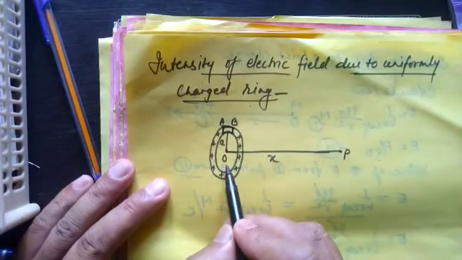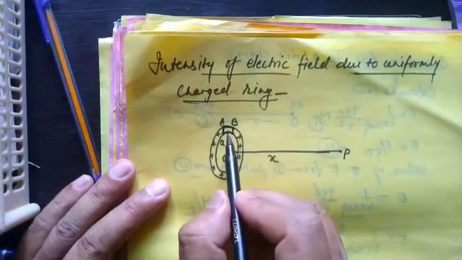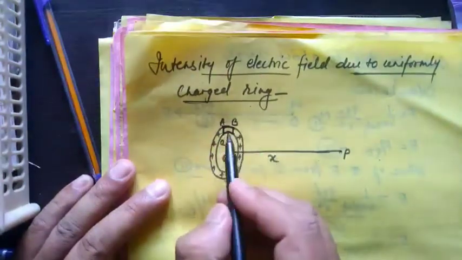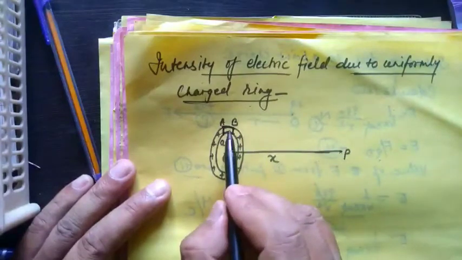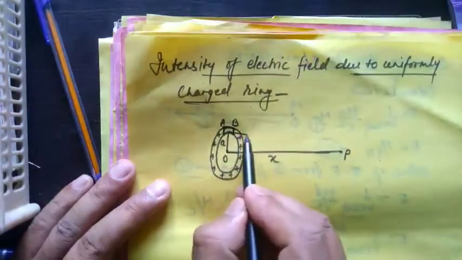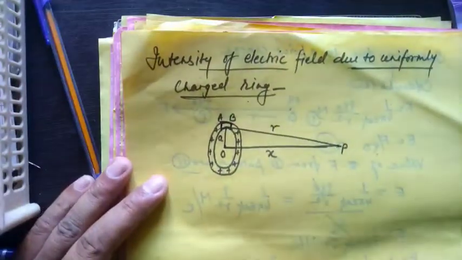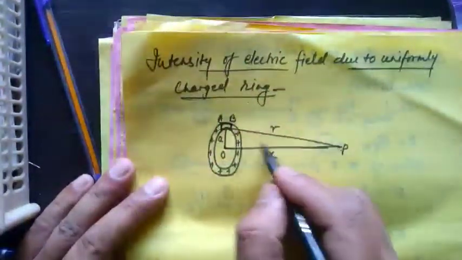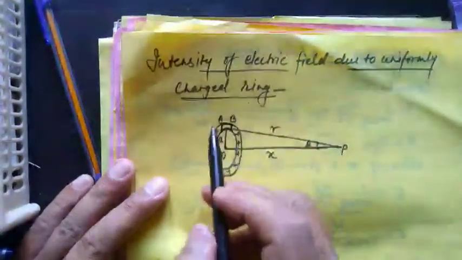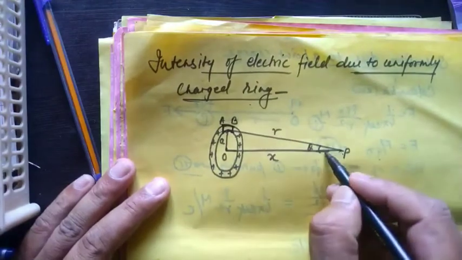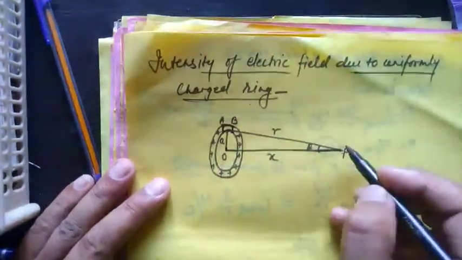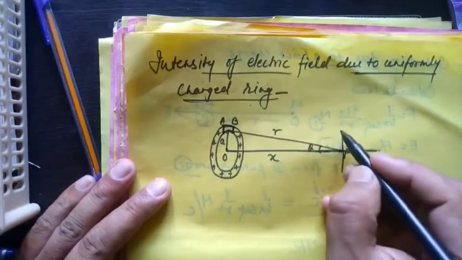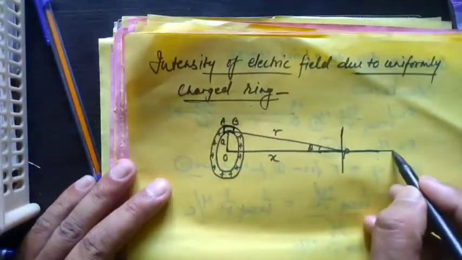From x distance is point P, and the distance from this small area AB to the point P is R. The electric field at P makes an angle theta with AB. If it makes an angle theta, it will be divided into two components, the vertical component and the horizontal component.